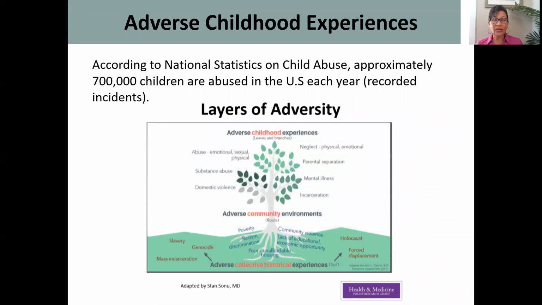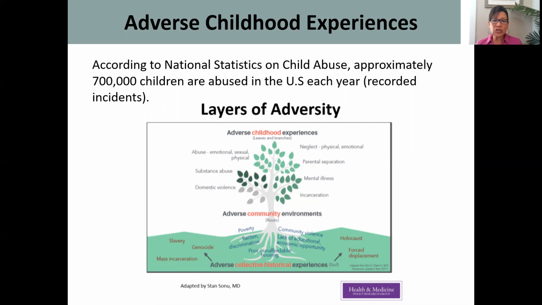So when we think about adversity, and especially childhood adversity, and those numbers of 1 out of 3 and 2 out of 3, this could be anything from abuse, neglect, divorce or separation of parents, parental domestic violence and a child witnessing domestic violence, parents who have mental illness or are substance abusers, or a parent who is incarcerated.